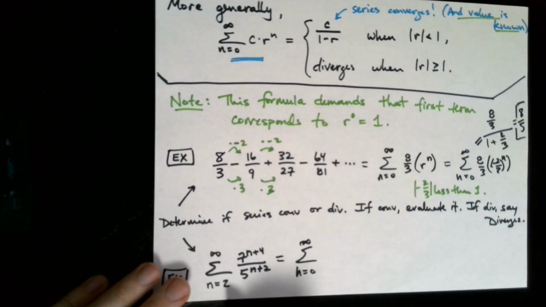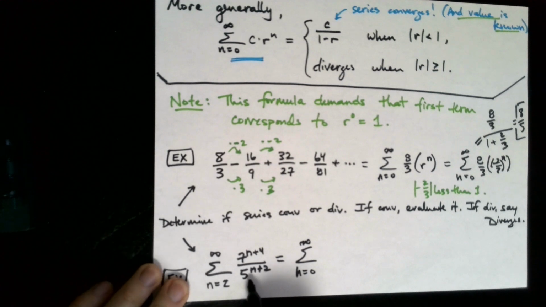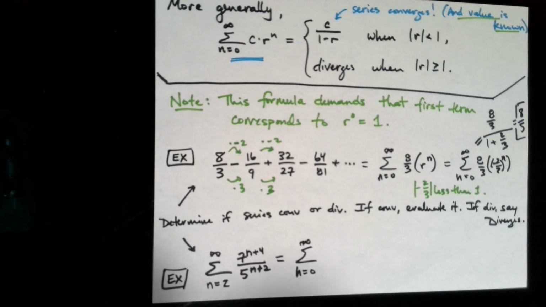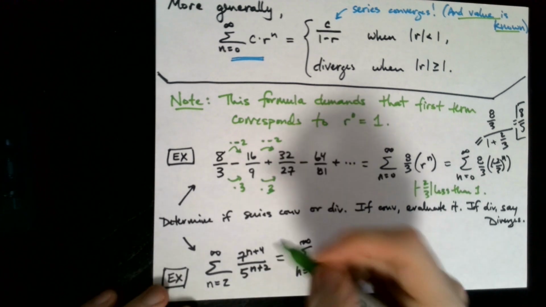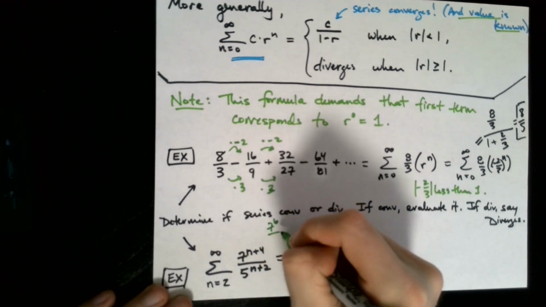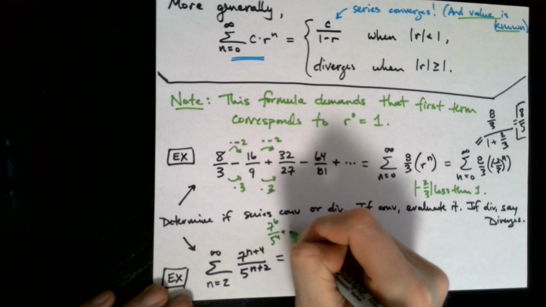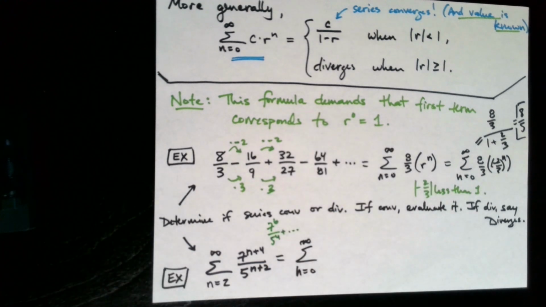Now, note, the first term had 5 to the 4th downstairs and 7 to the 6th upstairs. So if we're looking at the terms of this series, 7 to the 6th over 5 to the 4th was the first term. Now, in order for our re-indexing to add the exact same terms together, we still need, corresponding to n equals 0, 7 to the 6th upstairs.